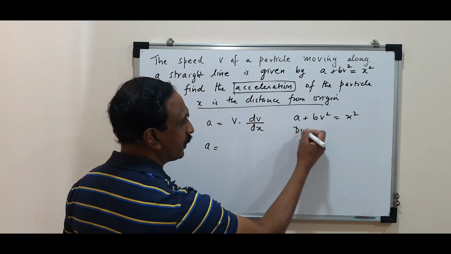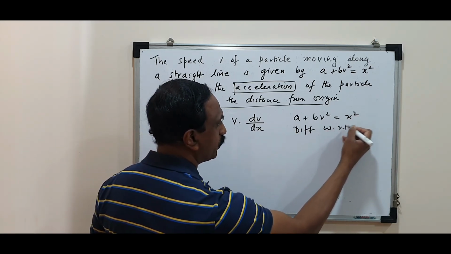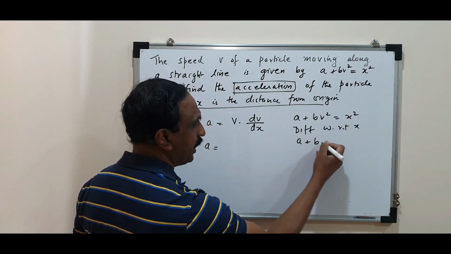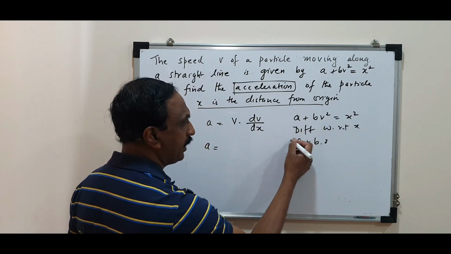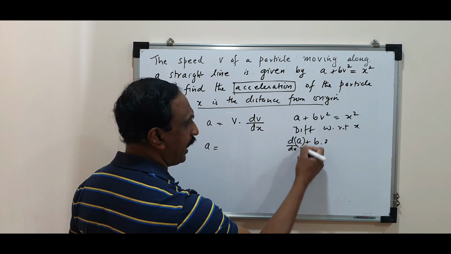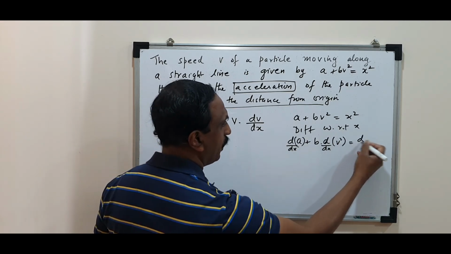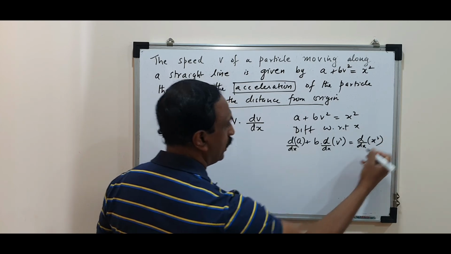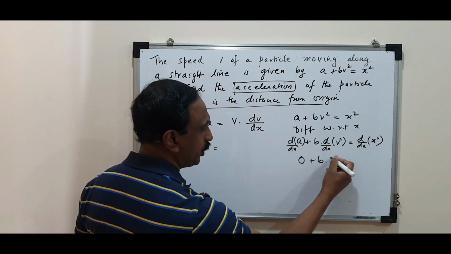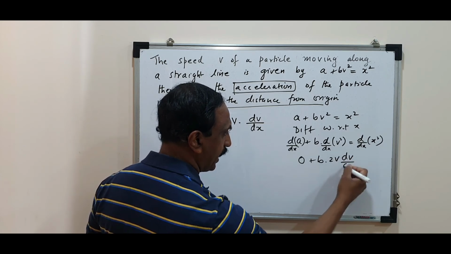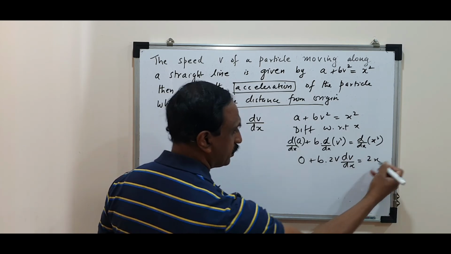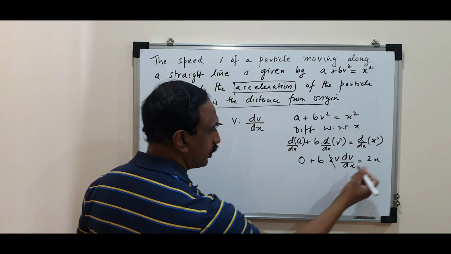Differentiating with respect to x, with respect to the displacement, d by dx of a plus b into d by dx of v square is equal to d by dx of x square. So this became 0 plus b into 2v dv by dx is equal to 2x. So I can cancel the 2.